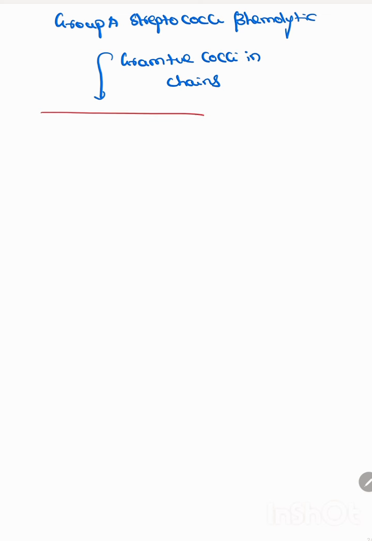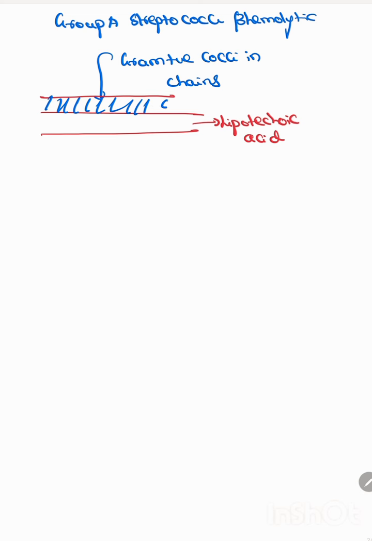It will have a cell membrane with lipoteichoic acid, and a cell wall and an outer cell wall. This is the cell wall and this is the cell membrane. The cell membrane will have different types of proteins and carbohydrates.